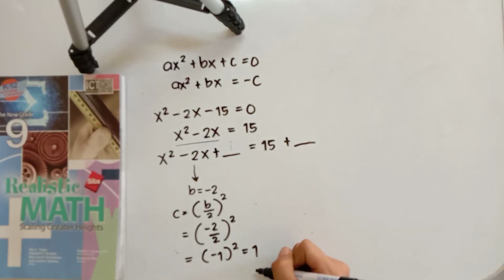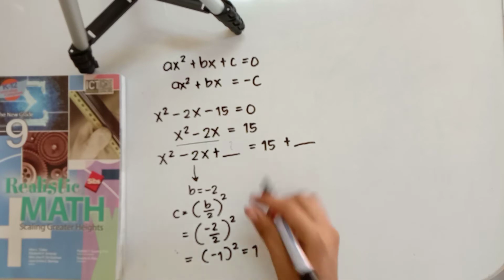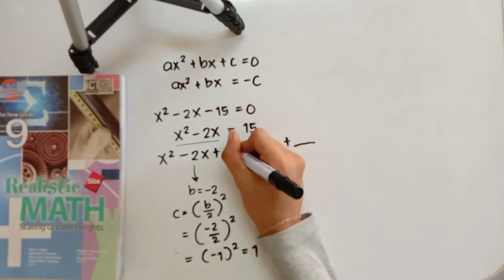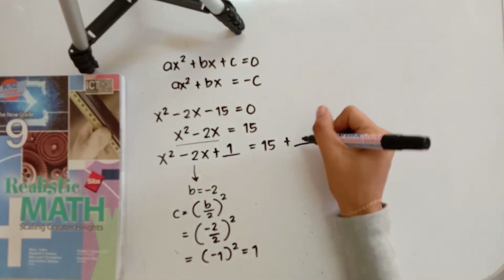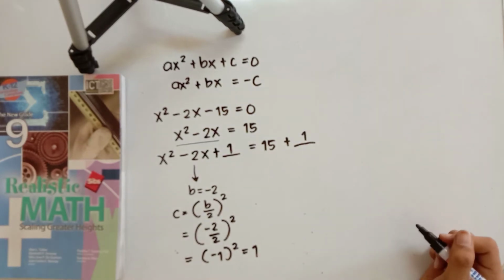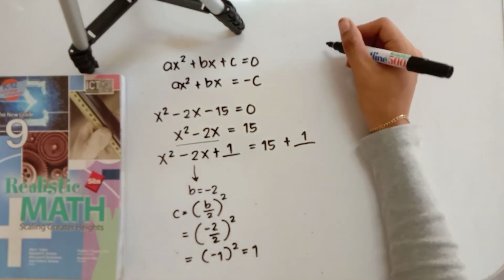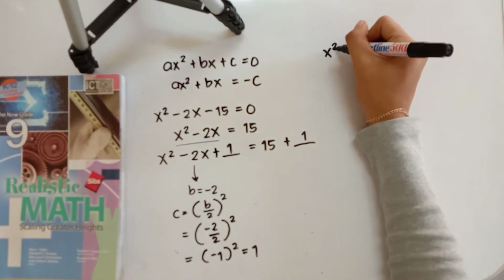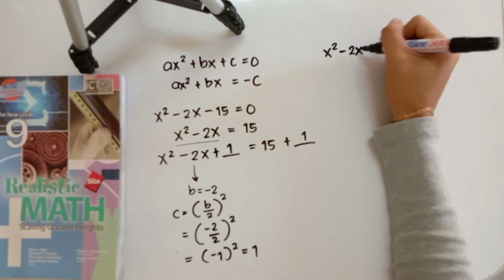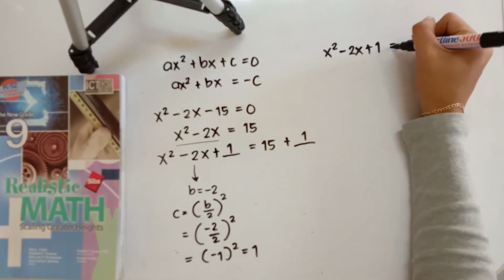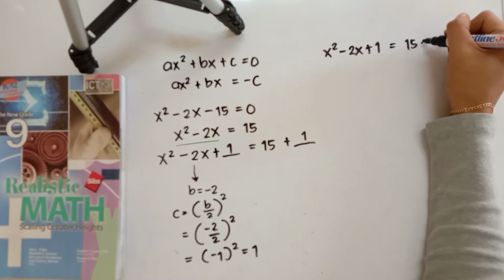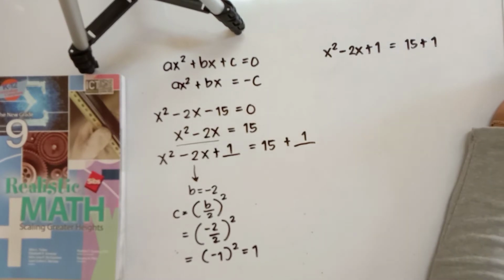So after finding c, this term is positive 1, and this is also positive 1 on the right. Our new equation is x squared minus 2x plus 1 is equal to 15 plus 1.